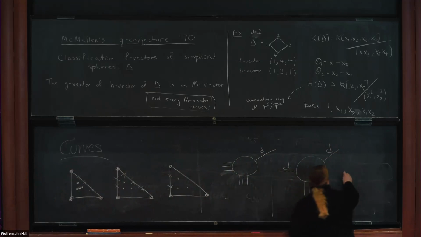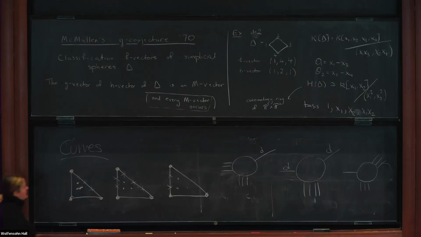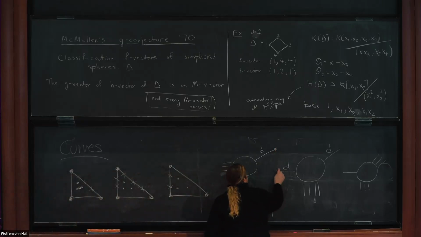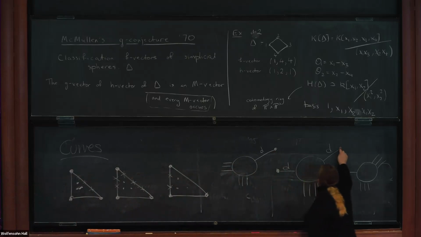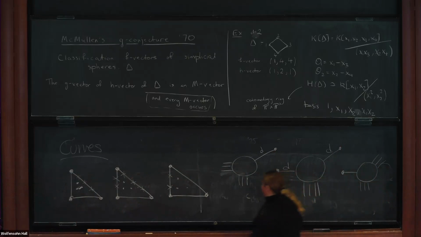And the last one is something like that. Okay, and I'm going to take my scissors. I'm going to pick a point in this edge with weight d. And now I'm going to glue them.